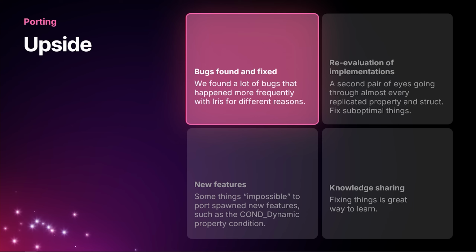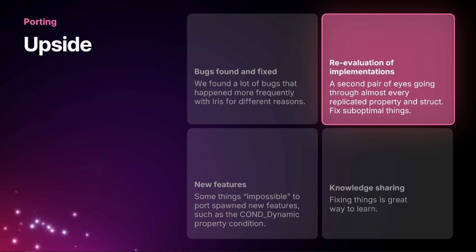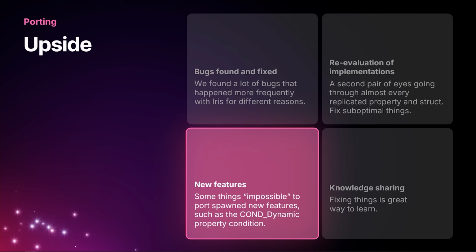And on the upside of things, we fixed a lot of bugs thanks to tools like the packet simulation. We went through pretty much every aspect of replication in the game. We could fix suboptimal things. We encountered some things that were impossible or very hard to implement.